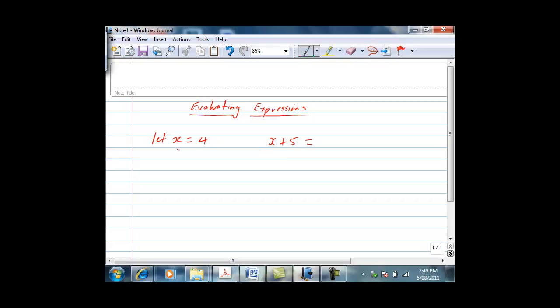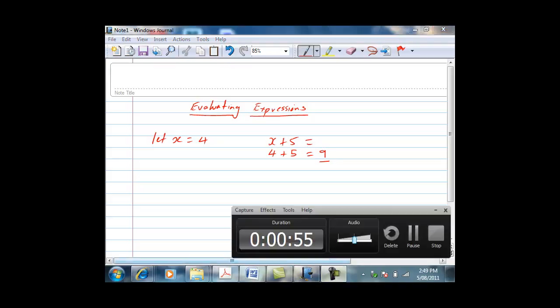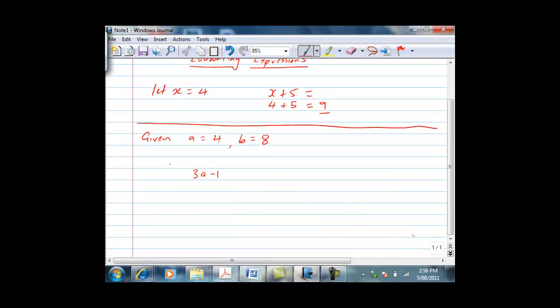The value of x given is 4, so instead of x we write down 4, and then we work that out, which comes out to be 9. So we have just evaluated, or substituted for x, and found the answer. So that's what evaluation means.